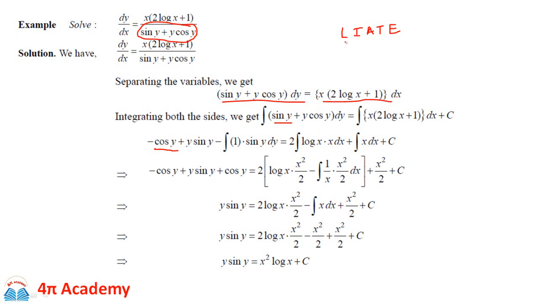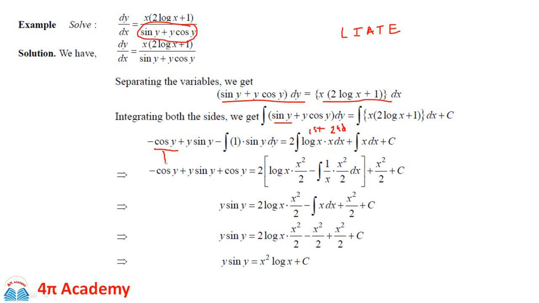The first function will be the logarithmic function, log x, and the second will be the algebraic function, so x is my second function. Then plus x into 1, that is x dx, plus c.